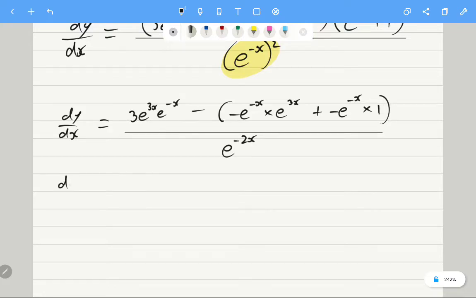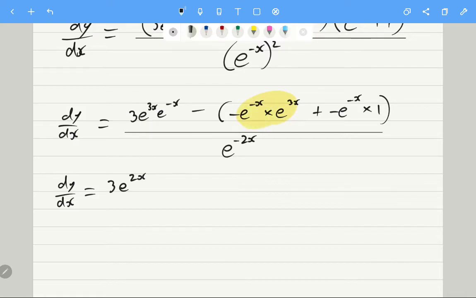And speaking of index laws, we've got a lot of index laws that are going to be useful here. First index law, let's look at here. These are both under the same power, so both power of e. Multiplication means addition, so we're going to get 3e to the 3x minus x, or plus minus x, right? And that's just 2x. Alrighty, looking over here, we've got a similar situation.